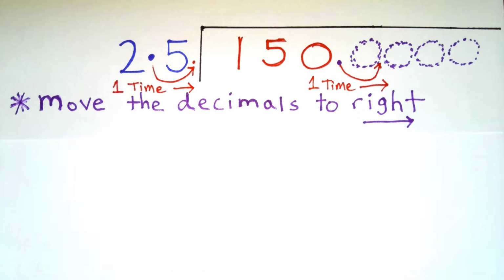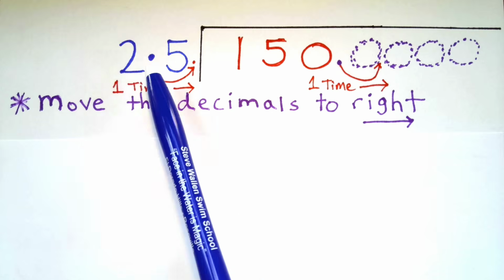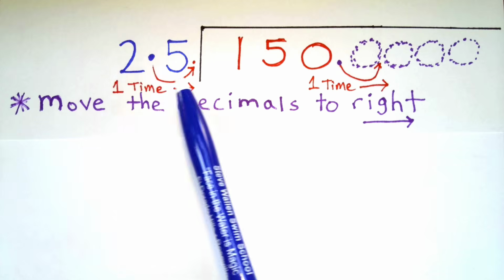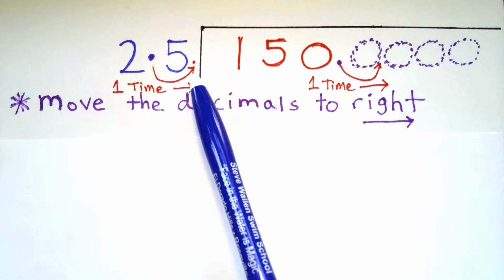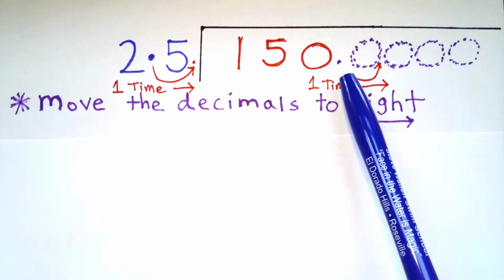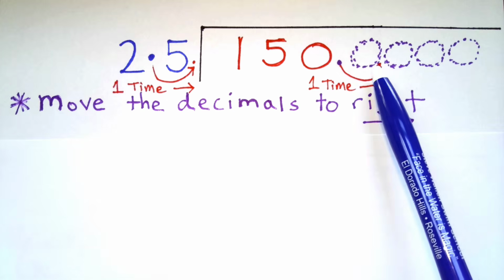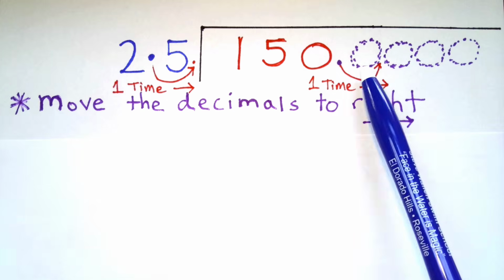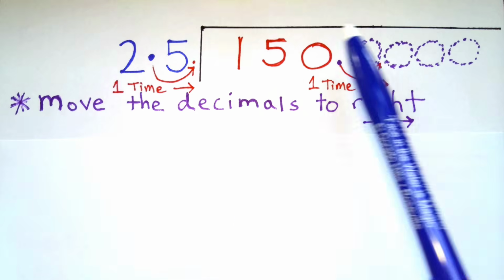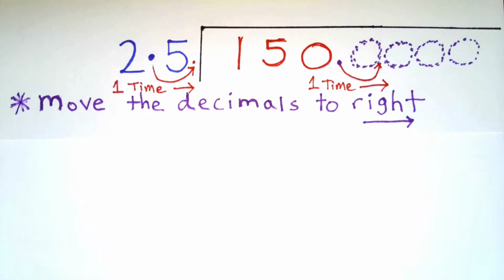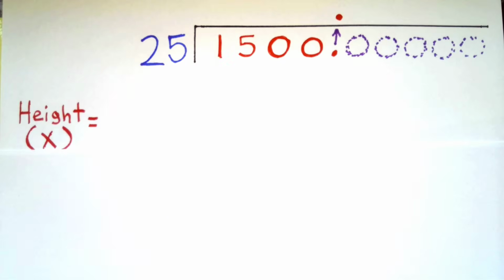I've moved this decimal one place to the right to create a whole number, but if I move this one time to the right, then I have to move the decimal in the divisor bar one time as well. So I can rewrite it as 1,500 divided by 25, once I make that move. This is what it would look like here.